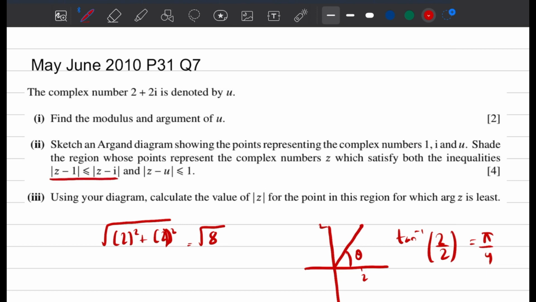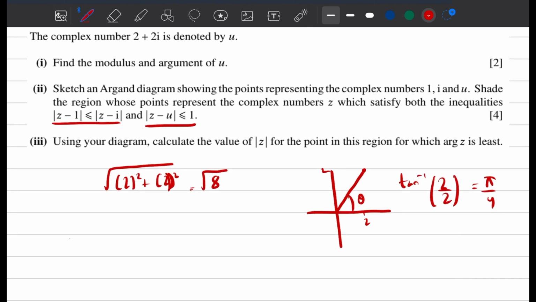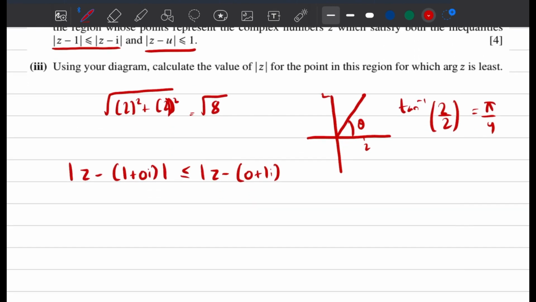Now this is the equation of perpendicular bisector and this is the equation of a circle. So perpendicular bisector का what's the first point? 1 plus 0 iota. The second point is बच्चे आपका 0 plus 1 iota. So now 1 comma 0 will lie here and 0 comma 1 will lie here.